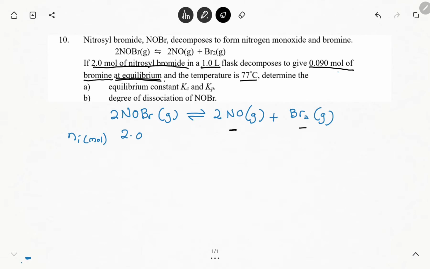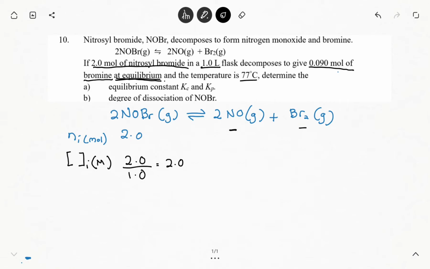So we need to calculate the concentration initial. The unit is molar. So 2 mole divided by the volume, 2 molar, 2 mole per liter.